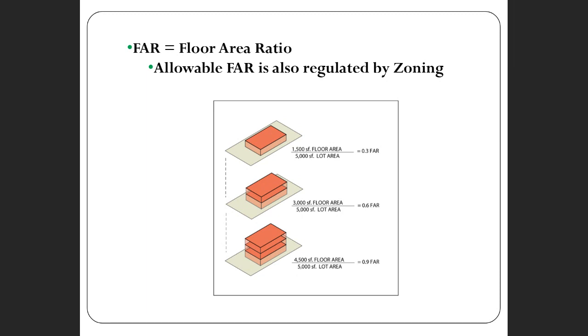So having a higher FAR is desirable, but that floor area ratio is also going to be regulated by zoning. Remember, we talked about zoning a few weeks ago with the R1, R2, R3. On a commercial parcel, FAR will be regulated by zoning. So even though a higher FAR may be desirable from a sustainability standpoint, it may not be allowed based on zoning.